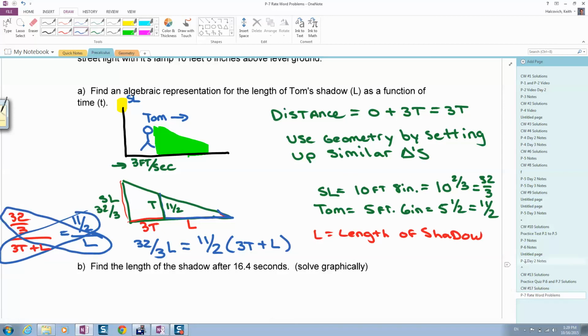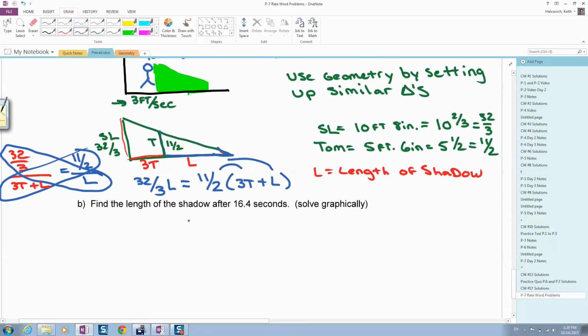Now, remember, your goal here is to solve it for L. You want L equals as a function of time. So what you're going to do is distribute first. So 32 thirds L equals 33 over 2t plus 11 halves L. Then remember, we're going to multiply to get rid of the fractions.